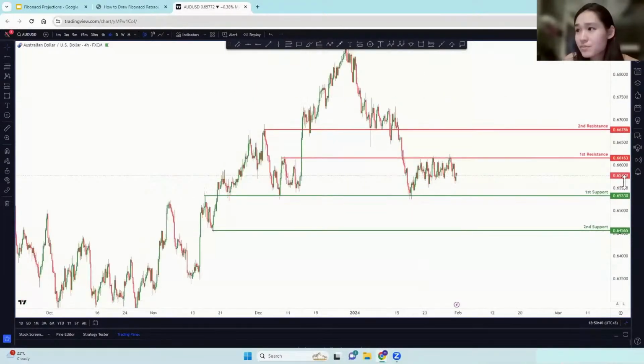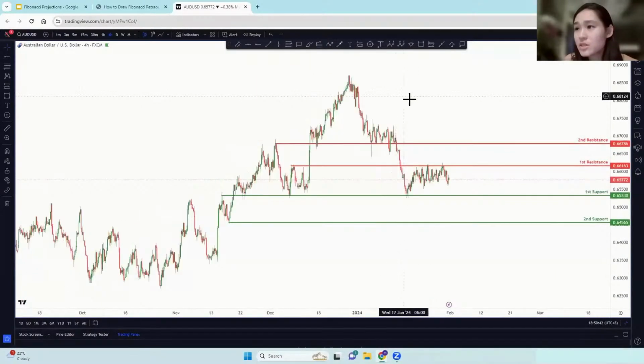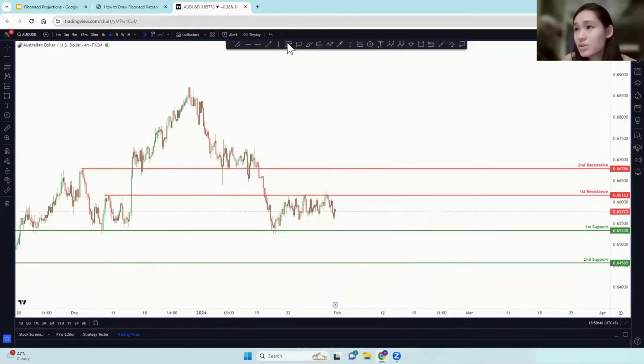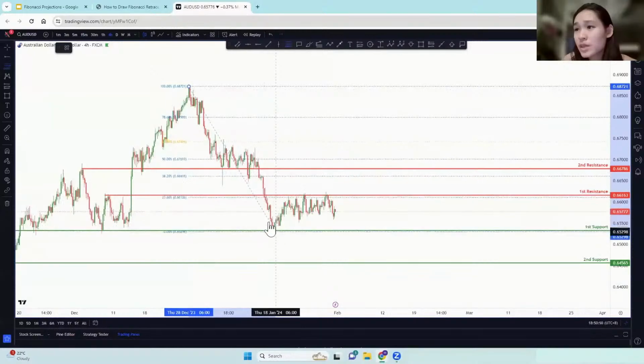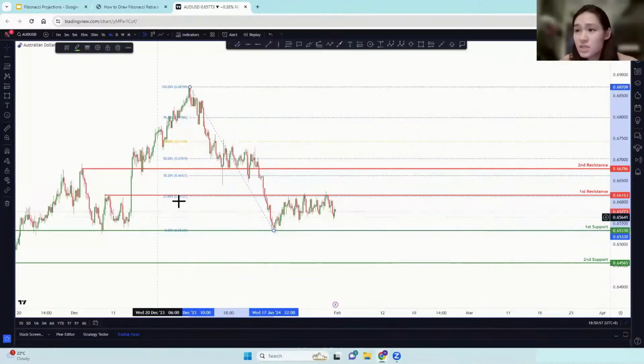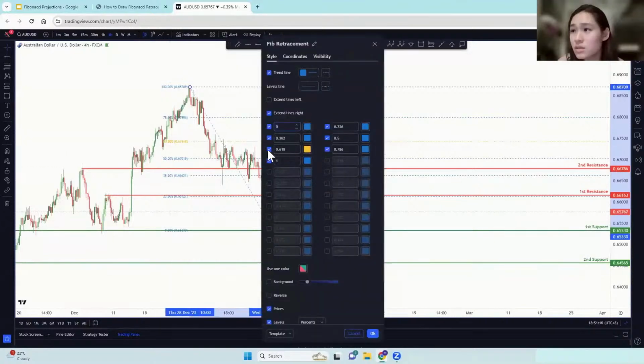But let's just do some analysis anyway. Starting off, I'm going to look for a retracement. I can see that this first resistance lines up with the 23.6, and the 38.2 as well.